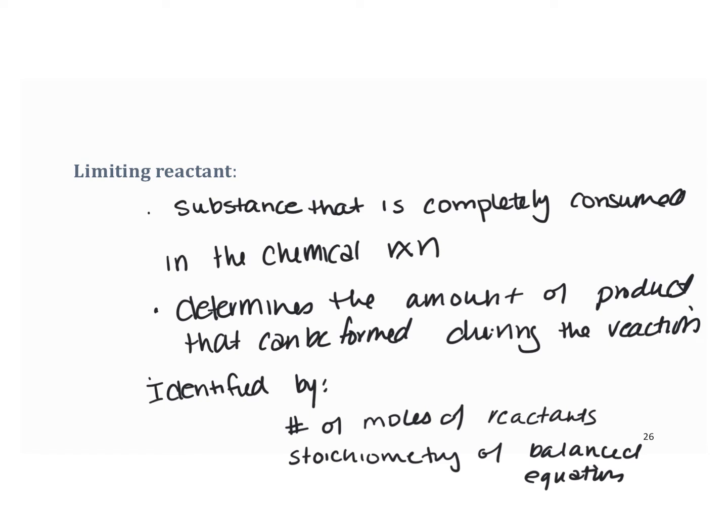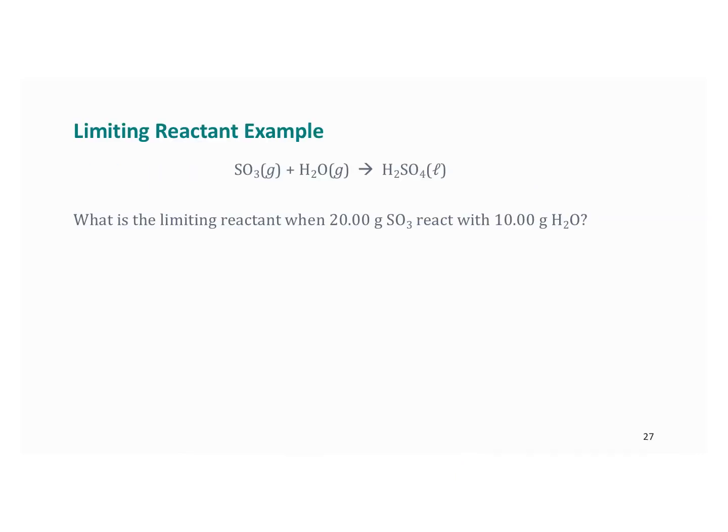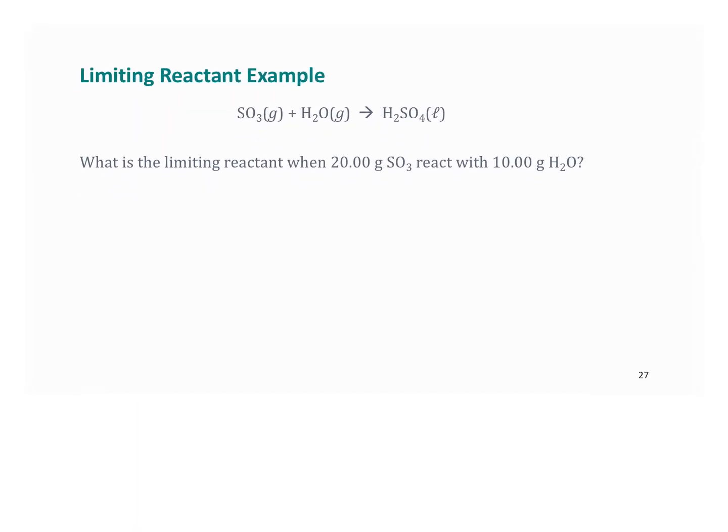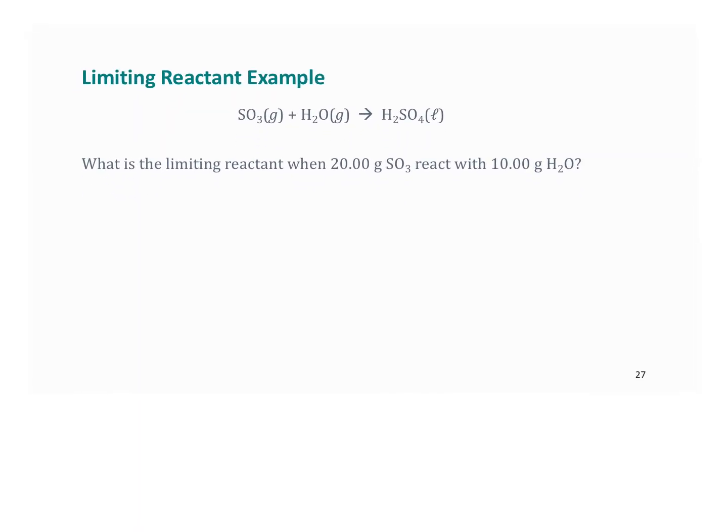So when we look at this in a limiting reactant example, okay, it says you've got SO3, sulfur trioxide, reacting with water, forming sulfuric acid. What's the limiting reactant when 20 grams of sulfur trioxide reacts with 10 grams of water? Now, this is really, really nice.